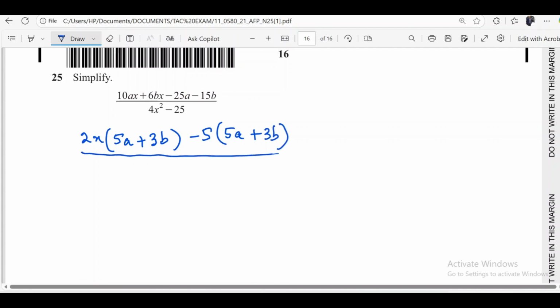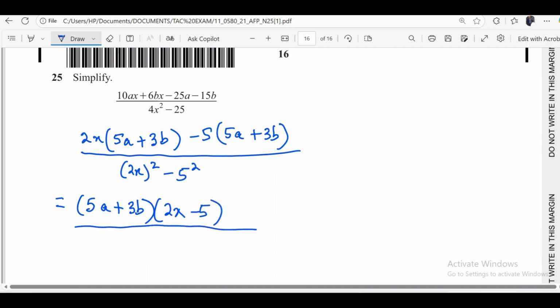And then we can write this as 2x all squared minus 5 squared, so that we have difference of 2 squares here. So going again, we have 5a plus 3b. Factorizing the numerator, we have 2x minus 5. Then all over, applying difference of two squares.